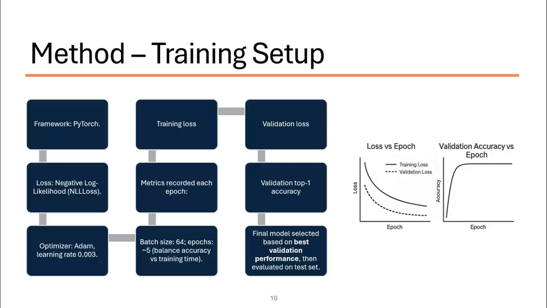At each epoch, we record training loss, validation loss, and validation top-1 accuracy. After training, we select the model with the best validation accuracy for evaluation, and that's how it works.